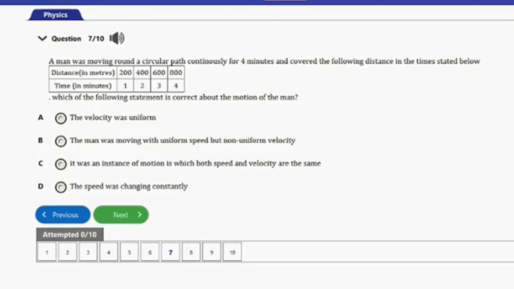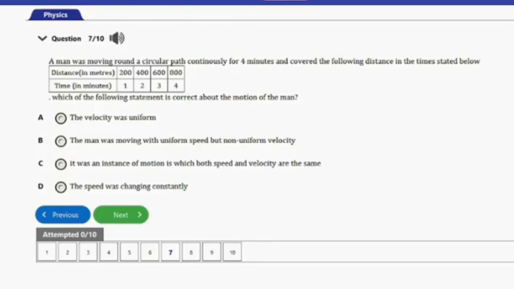Which of the following statements is correct about the motion of the man? Option A says the velocity was uniform, B. the man was moving with uniform speed but non-uniform velocity. C, it was an instance of motion in which both speed and velocity are the same. D, the speed was changing constantly.